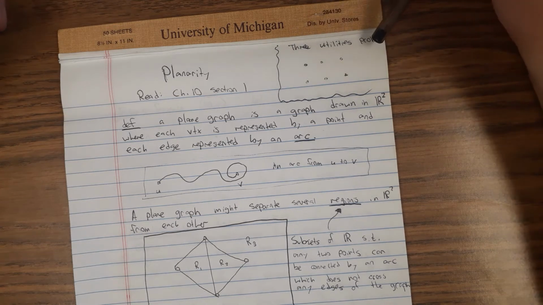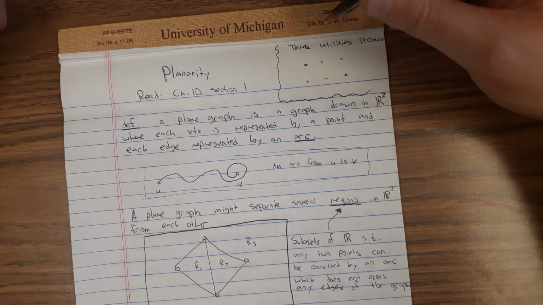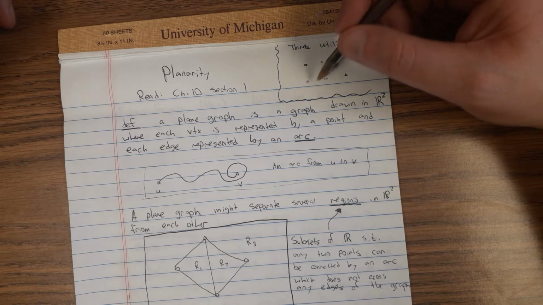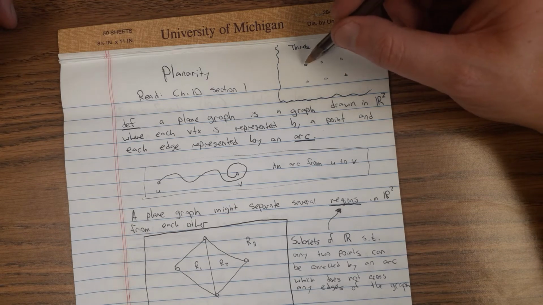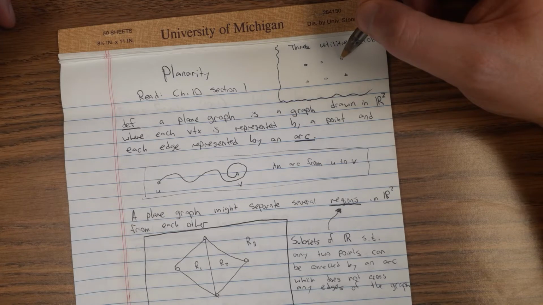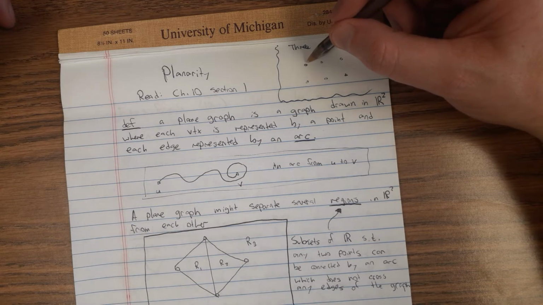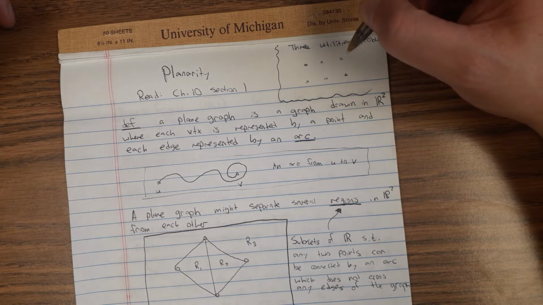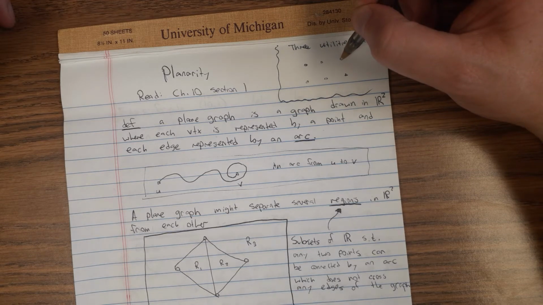It's called the three utilities problem. So I've drawn basically 6 vertices, and we're imagining that these top 3 are representing 3 utilities, like water, electricity, and, I don't know, cable.